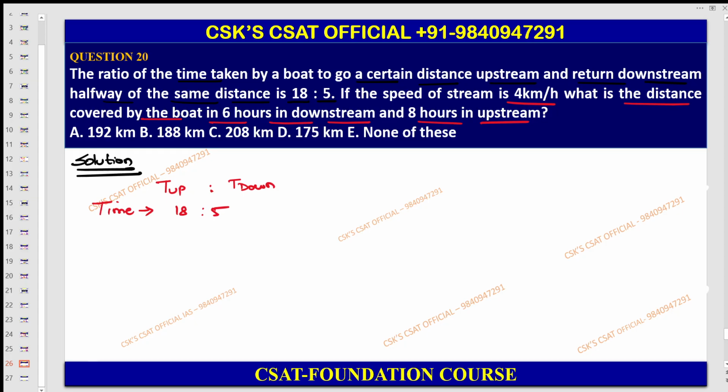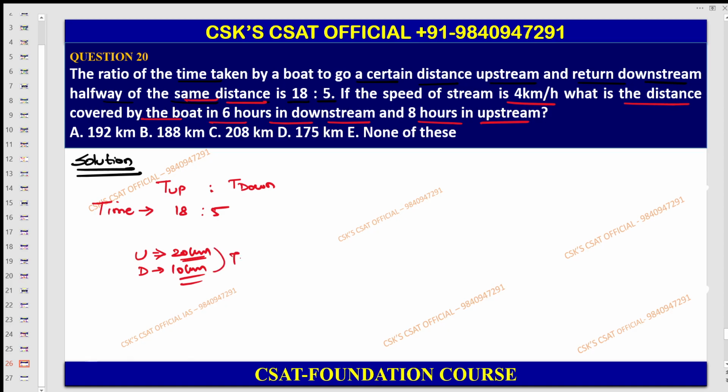Try to understand: half of the same distance. So upstream is, say, 20 km, which means downstream here is 10 km. So this is the thing here.